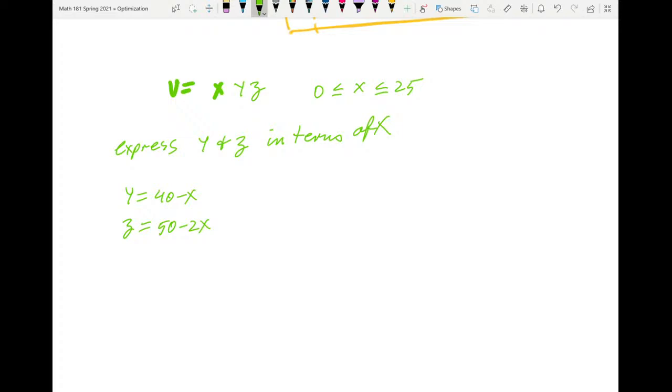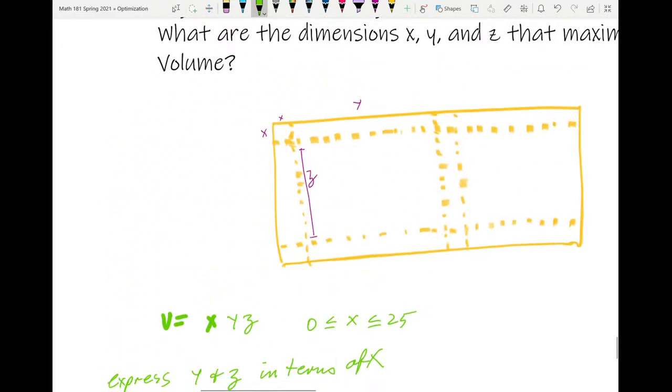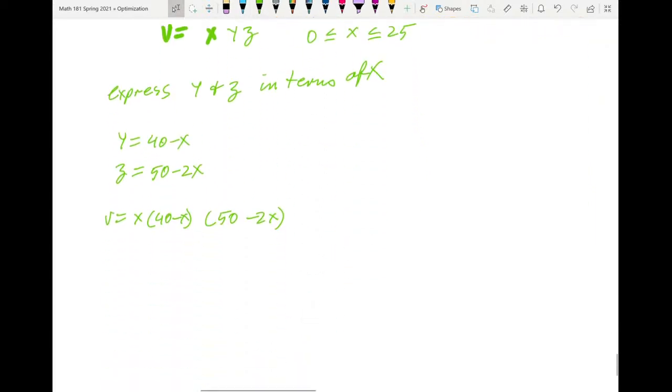Okay? So the volume in this case would be x times (40 minus x) times (50 minus 2x). All right? Because we said that this is 50 and this is 80, and we're talking about half of it.